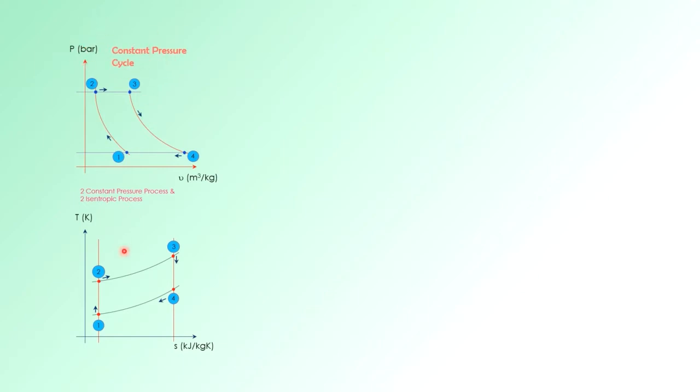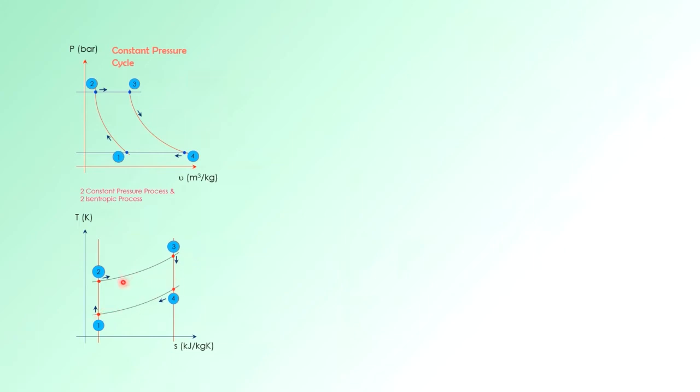So this is your constant pressure cycle, on the PV and TS diagrams. We know that the constant pressure cycle consists of two constant pressure processes, which is why I've drawn two horizontal lines here. On the TS diagram, a constant pressure process appears as a curve or a line like this.